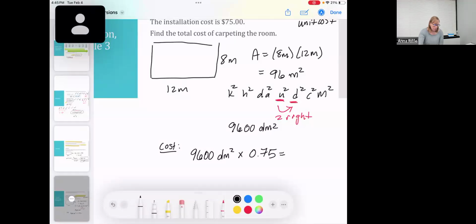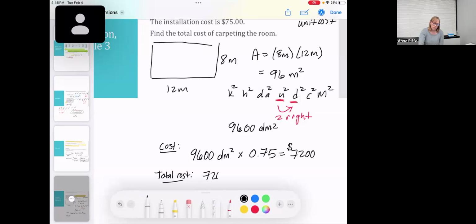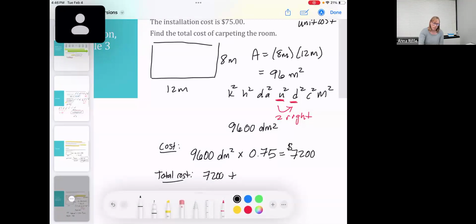We get $7,200. To find the total cost, we have to consider the cost of the carpet, $7,200, plus the installation fee, which is $75. So that gives me a total cost of $7,275.